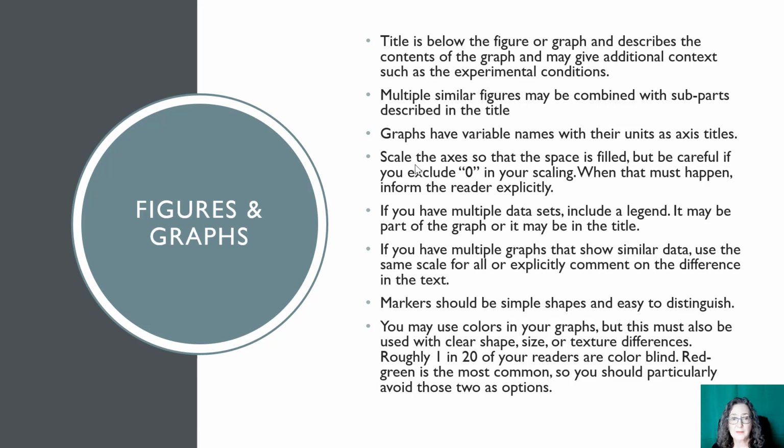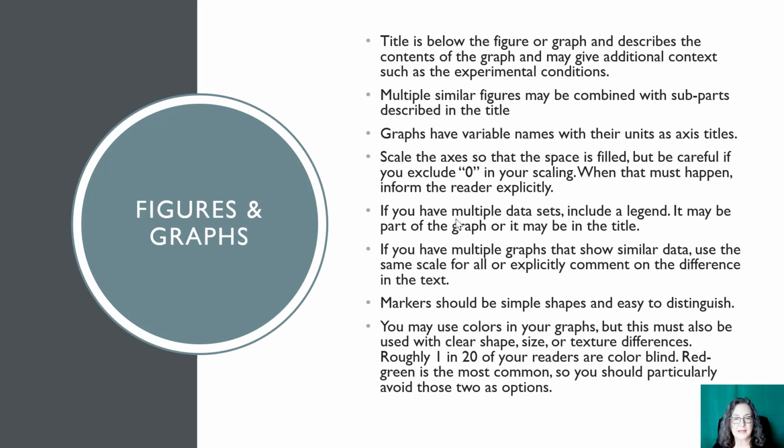You want to scale the axes so that the space is filled, with a small caveat. Sometimes if you exclude 0 in your scaling, it gives a false sense of what's going on. So if you've excluded 0 and you think there's any risk that the reader will not understand, then you want to be sure that you specifically inform the reader in your paragraph.